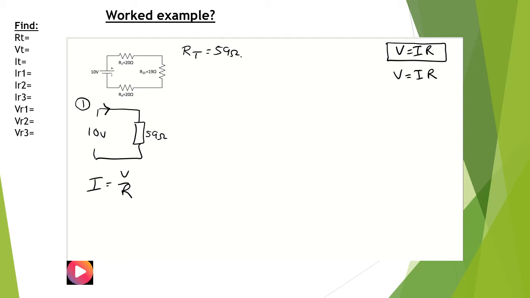I am trying to work out I, the current, so I divide both sides by R. The R's cross out, and I'm left with I on its own equal to V on R. So V divided by R is equal to I. Of course, we normally write that the other way around. So I've transposed that formula.